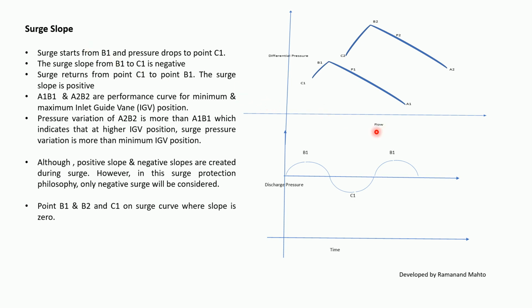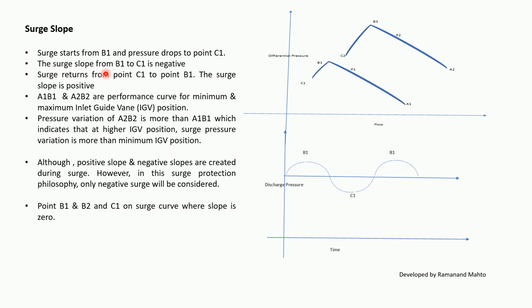Surge slope. Let's say it is flow versus differential pressure. Surge starts from B1 and pressure drops to point C1. So you see B1 to C1 in the performance curve.